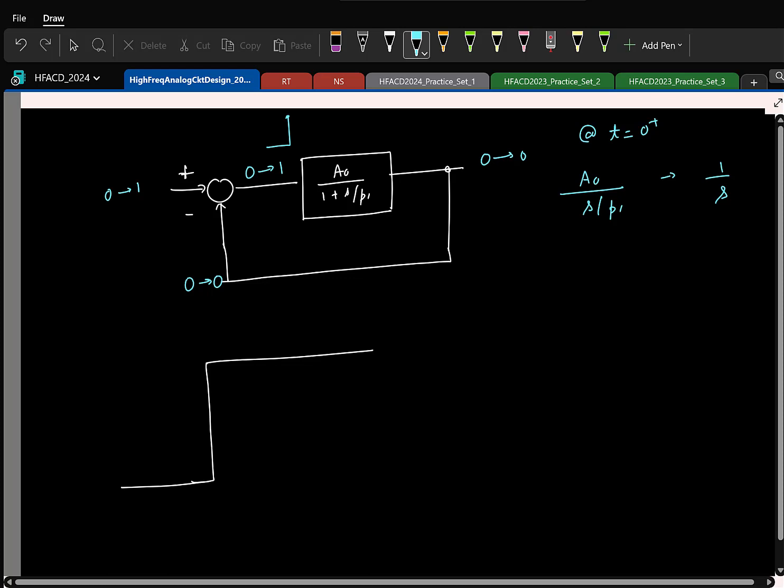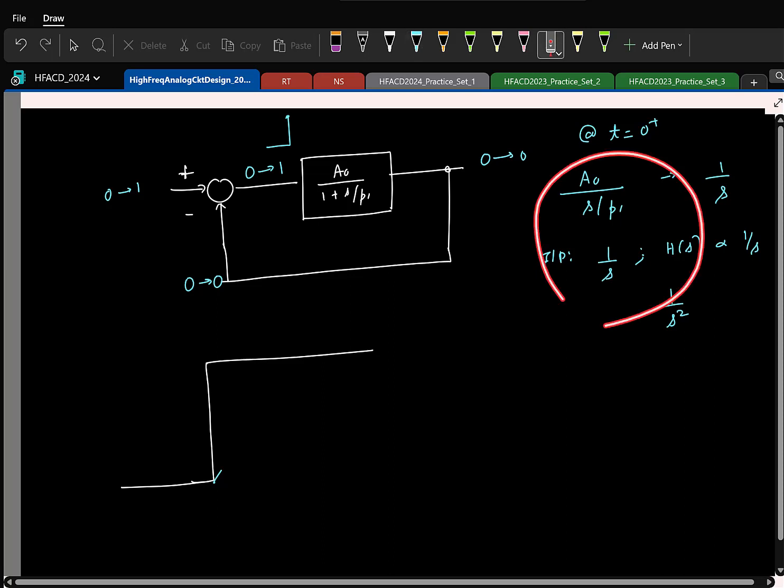And the input I have applied is a unit step. This is the input, and the transfer function is also of the form 1 by s. So how will the time domain waveform look? Ramp. Initially it will rise linearly. If I look at the slope at t equal to 0 plus, it will look like a linear thing with the appropriate slope, whatever you calculate from this.